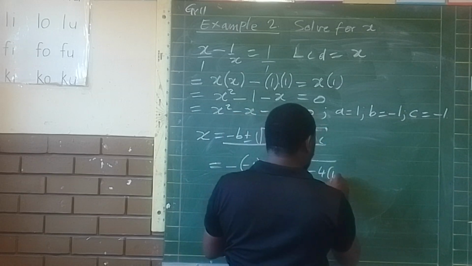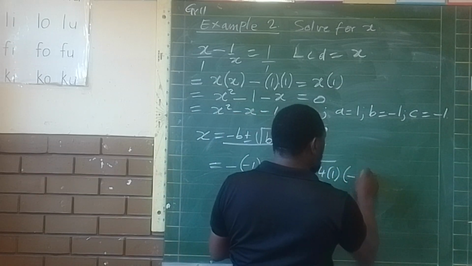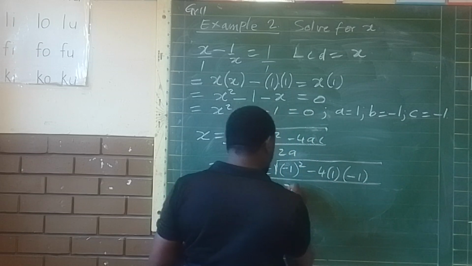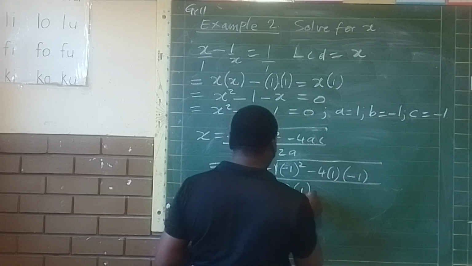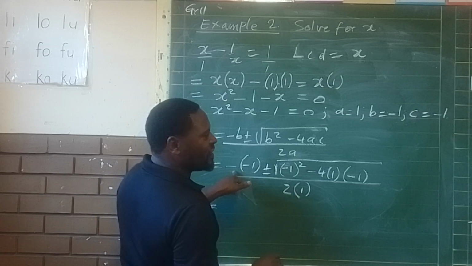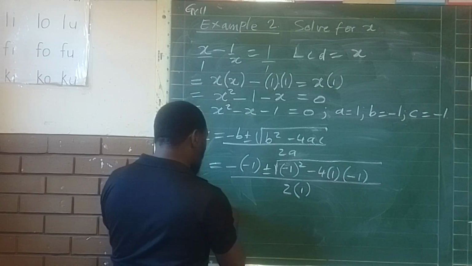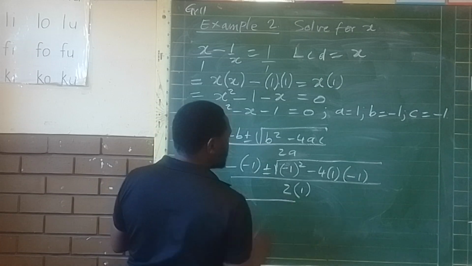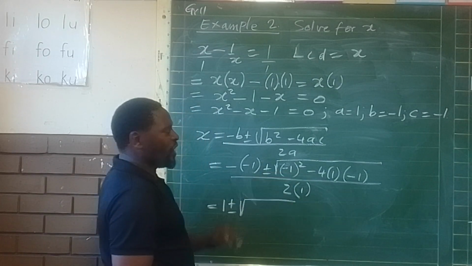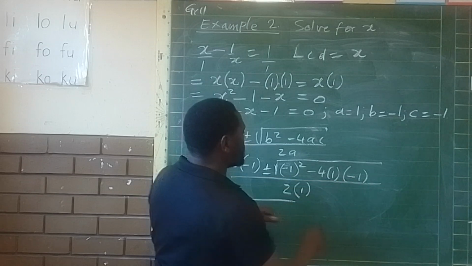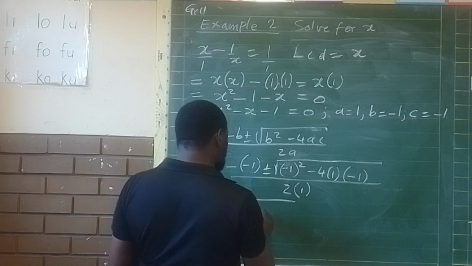Your a is 1, your c is minus 1, all over 2a, 2 times 1. 1 times negative is positive 1, plus minus the square root of 1 squared is 1. Negative times negative is positive. 4 times 1 is 4.